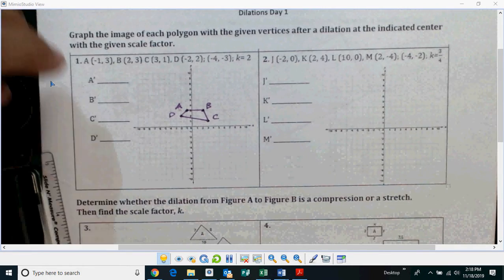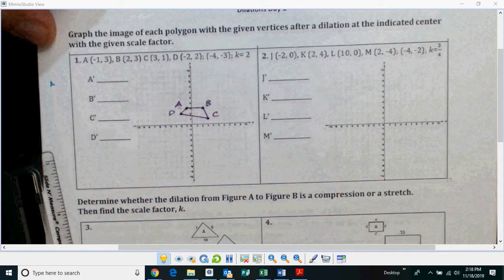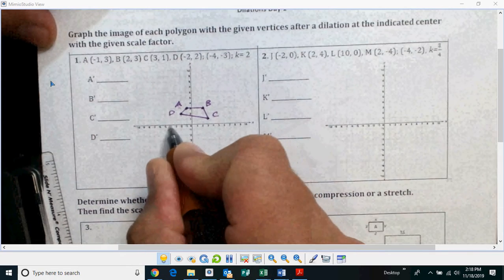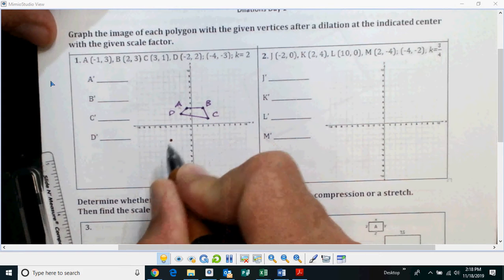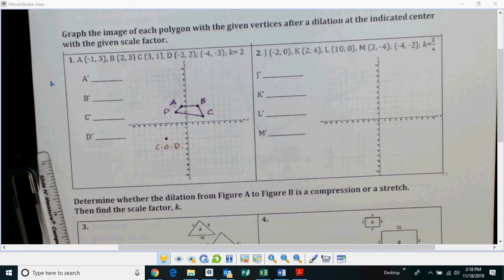Now, the next point it tells us, this minus 4, minus 3, that is the center of dilation. So minus 4, minus 3, right here is the center of dilation. So now what that means is that when we apply the dilation, all the points on the dilated figure will be whatever the scale factor is that far away from the original point.